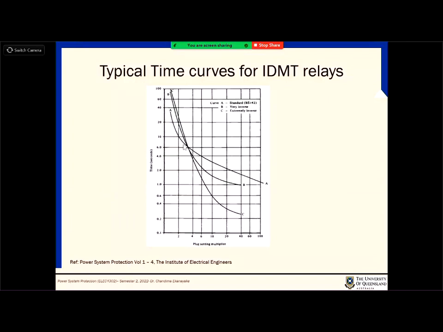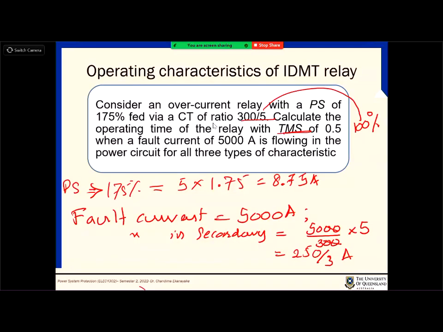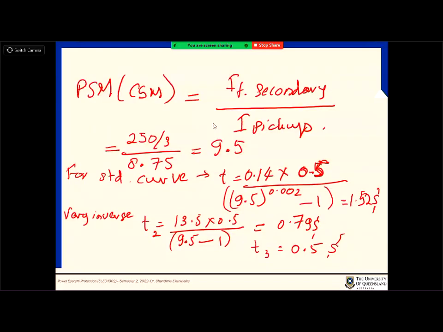If you are looking at coordinating these different types of relays, then you need to look at these characteristics carefully. That's what we are going to discuss today. And then we did a small calculation for an IDMT relay to find out the operating time for different settings.